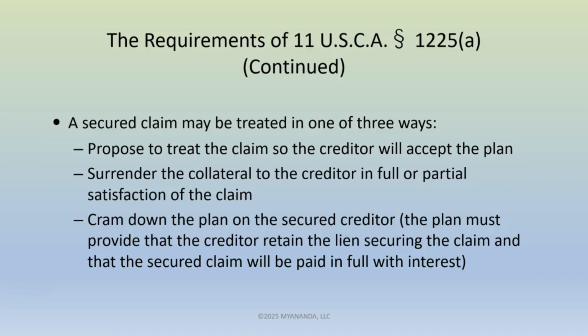And then an example: XYZ Bank has a $150,000 loan on real estate valued at $100,000. A cram down plan would leave XYZ Bank with only a $100,000 secured lien, and the remaining $50K would be treated as a general unsecured debt. So all or a portion of that $50K may not get paid.